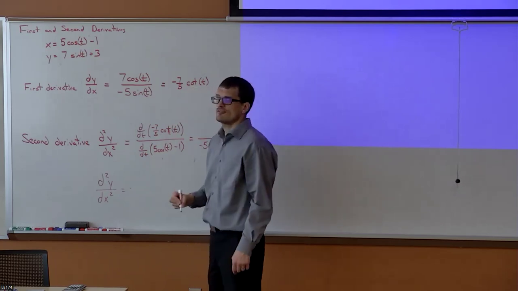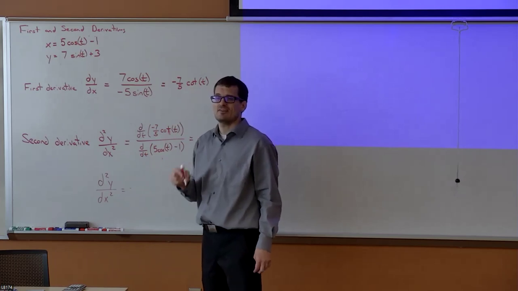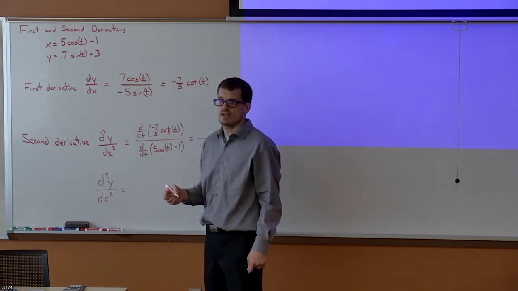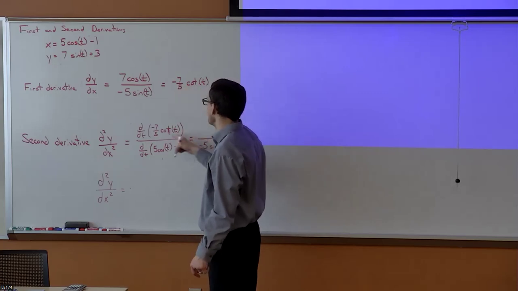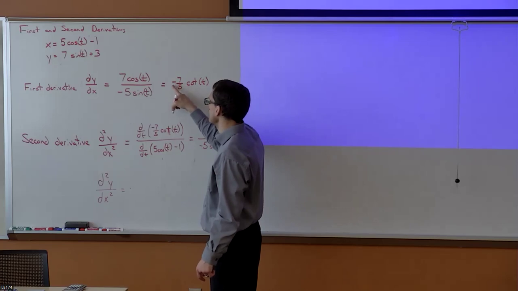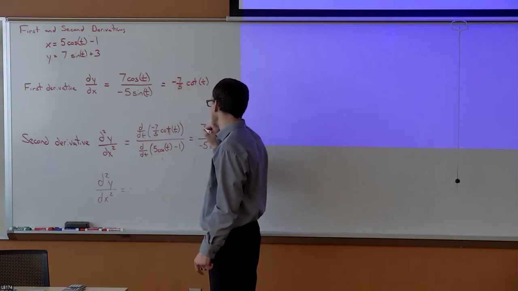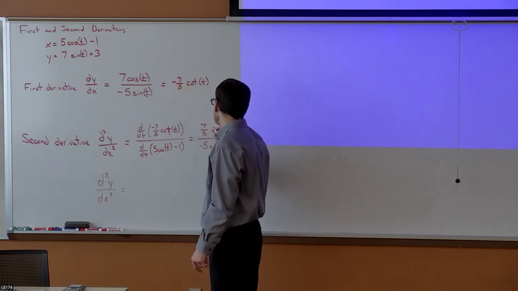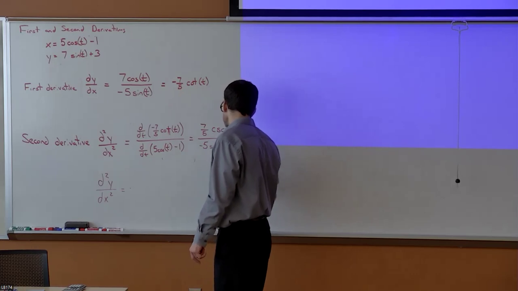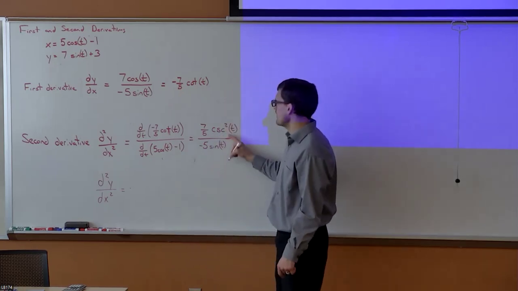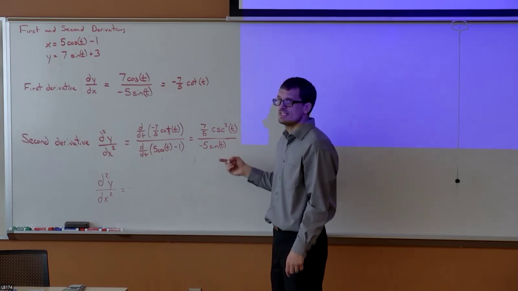Cotangent has derivative negative cosecant squared. So that's going to create a derivative here. Negative of negative 7/5 is a positive 7/5 times cosecant squared. By the way, 1 over sine is cosecant.